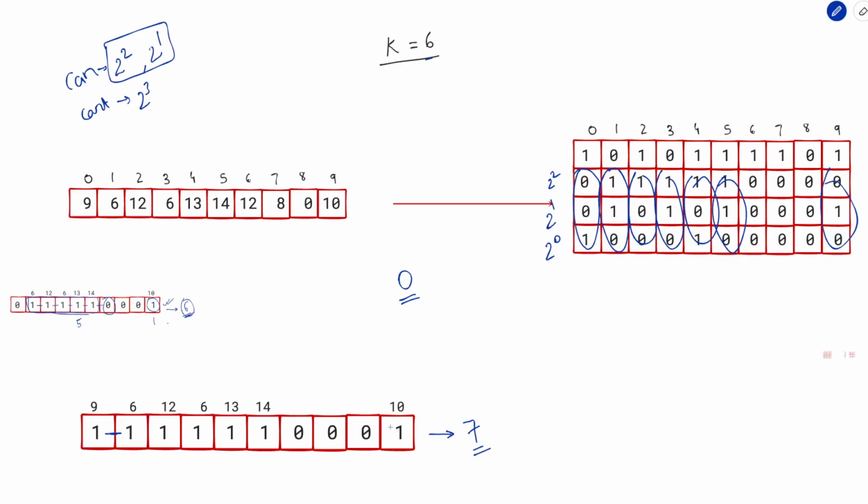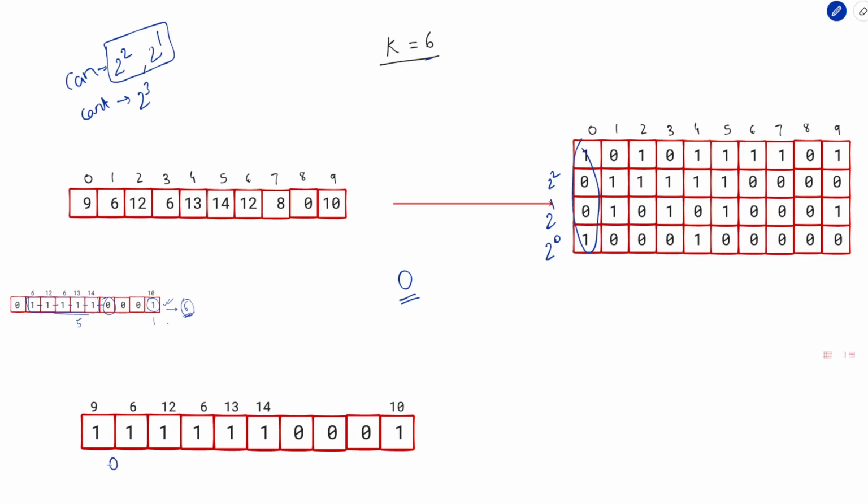So what's the process for that? Let's start with the first 2 bitwise AND. If you do bitwise AND of 6 and 9, the answer would be 0, because there is nothing common.